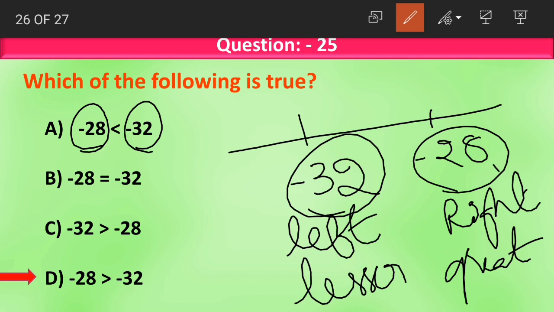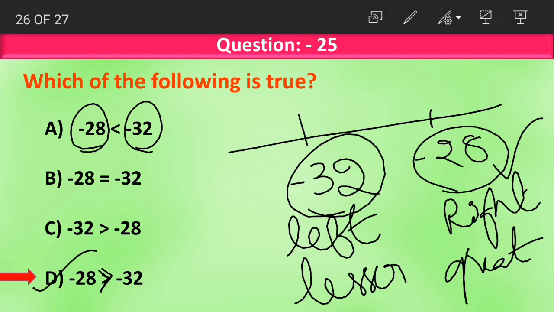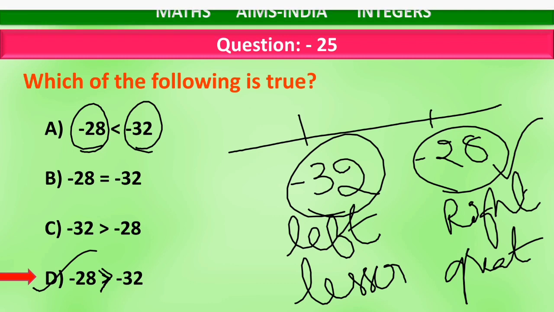Which option says that -28 is greater? Option D. See, the sign is open towards -28, which means -28 is the greater number. Option D says that -28 is greater than -32, so it is the correct option.